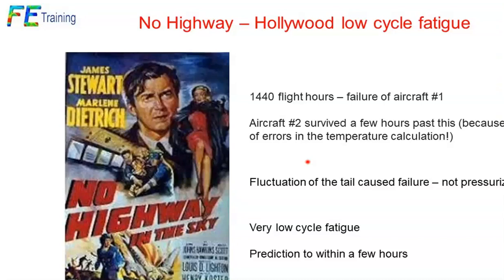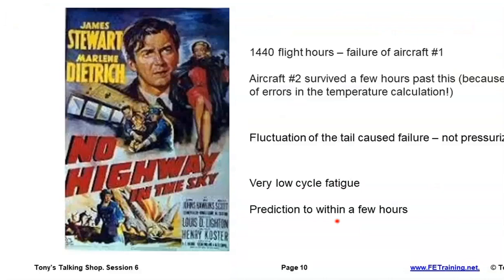Nevertheless, he turned it into a good story. He talked about fluctuation of the tail causing failure, and this was probably about 3 or 4 years before the comet disasters, where we know pressurization would cause the issue. But basically the point was, it's a very low cycle fatigue, and he's able to predict within a few hours.